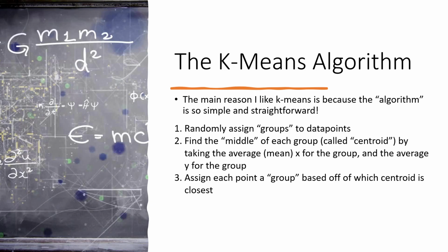After this, we assign each point a group based off where the centroid is closest. So now that I know where the middles of the groups are that I found in step 2, I look at all of the data points that are closest to the middle of that group. So let's say I have one group that's way over in the top left and one group that's way down in the bottom right. Well, all the data points in the top left, whether they were initially assigned to group 1 or group 2, are now going to be assigned to the centroid that's in the top left.